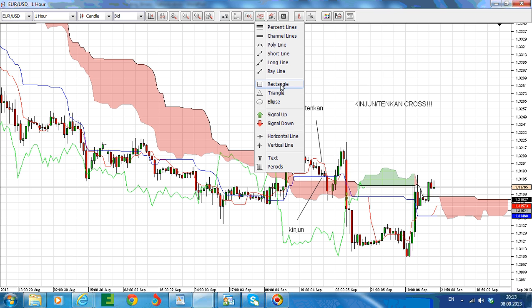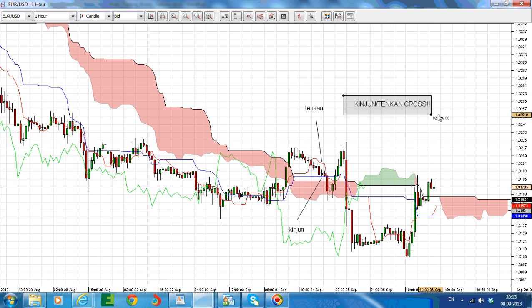And let's mark this one as being like this. The Kinjun Tenkan cross. So whenever you have a Kinjun Tenkan cross, there is a bullish or a bearish signal.